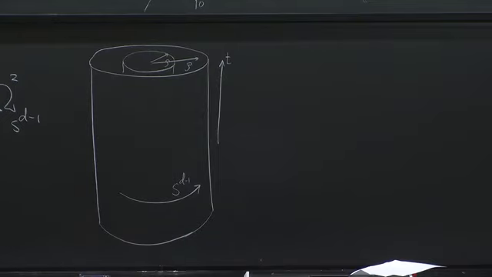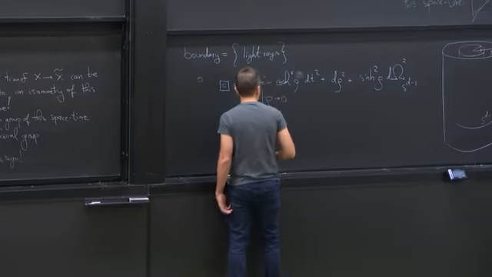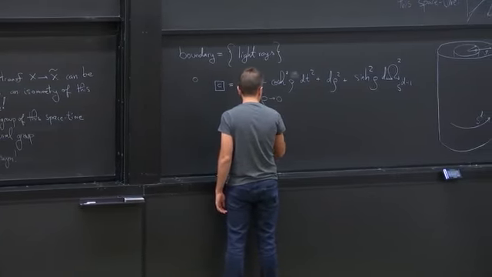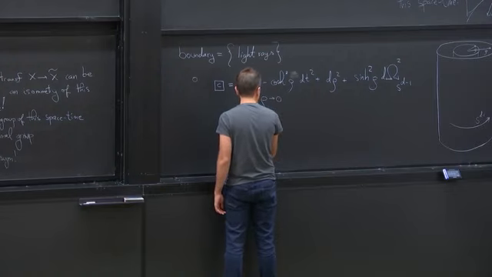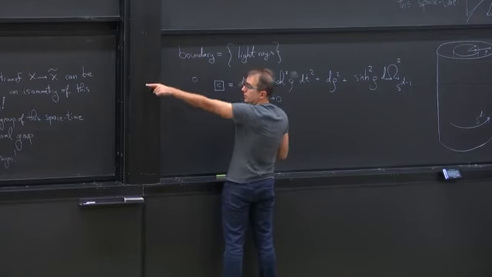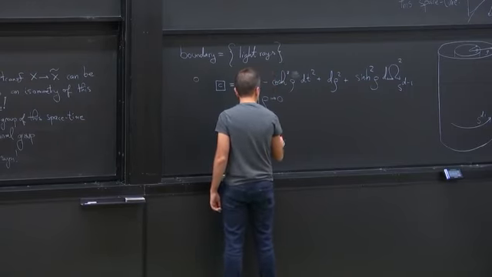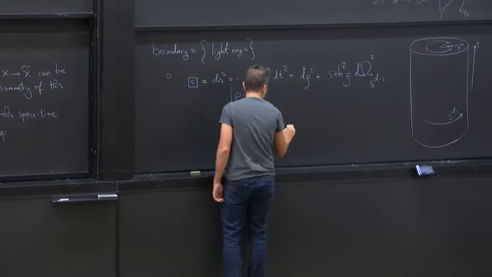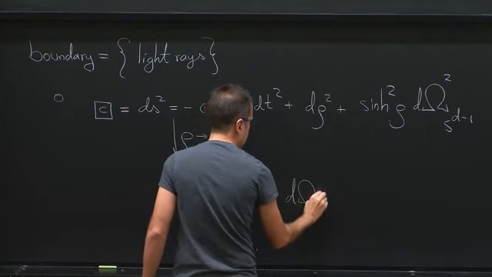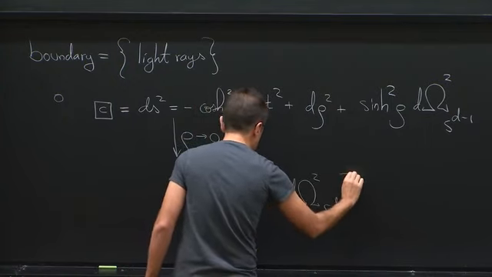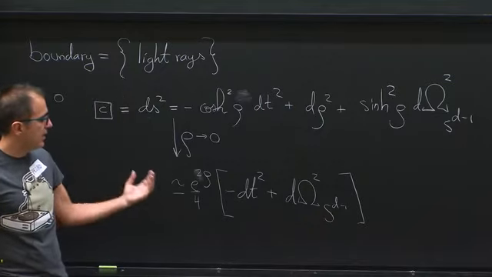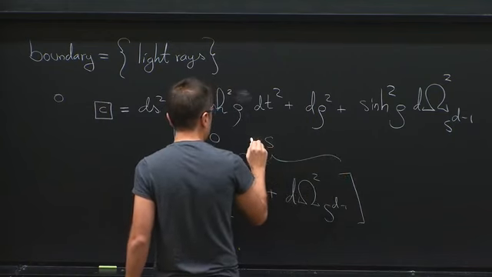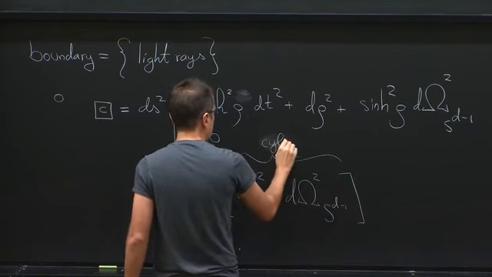So if we take rho to go to infinity, then this metric would become e to the 2 rho over 4. There will be some divergence, like there is a divergence in 1 over z squared, over 4 times minus dt squared plus d squared S d minus 1. And so asymptotically, as I'm going to rho towards infinity, I get precisely a cylinder like the one we saw before.